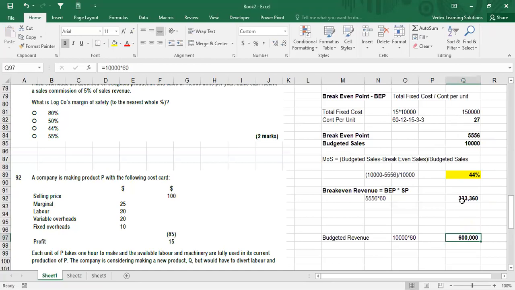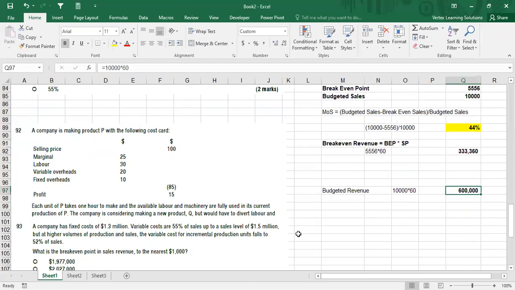I have given my sales team the target to generate a revenue of 600,000. And I know that out of 600,000, 333,000 is my break-even point. The remaining is my profit, the difference between these two. Until here, all costs will be covered. Variable cost will be covered within 333, fixed cost will be covered within 333, and the difference between these two goes into my pocket. Of course, I have to pay taxes. Okay, so that's the understanding. Anyways, this was number 91.